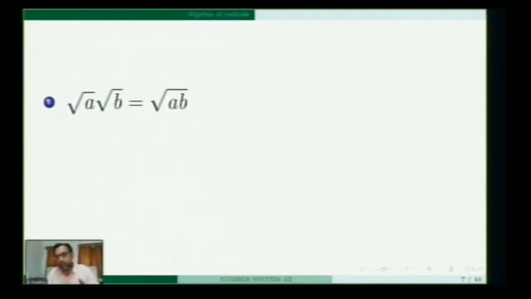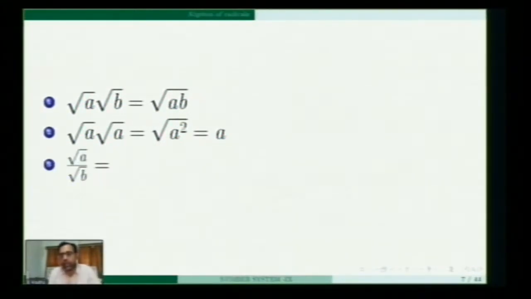Once you have root a times root b is equal to root ab, then immediately you can say, what is root a whole square? It will be root of a square. So you are taking the square root of a square, so you will get a. This you can check. Similarly, root a divided by root b will be root of a by b.